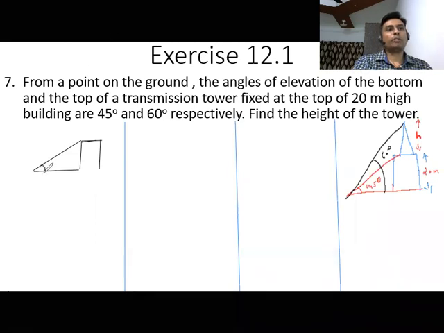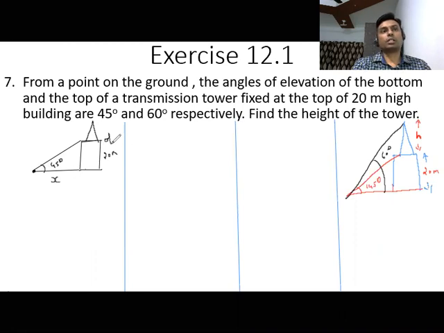Correct? Top of the building is the bottom of the tower. The tower's bottom comes here. So 45 degrees. This height of the building we know, 20 meters. So from this 20 meters, we can find this distance between the person and the building, which means we can find x. This is the base.